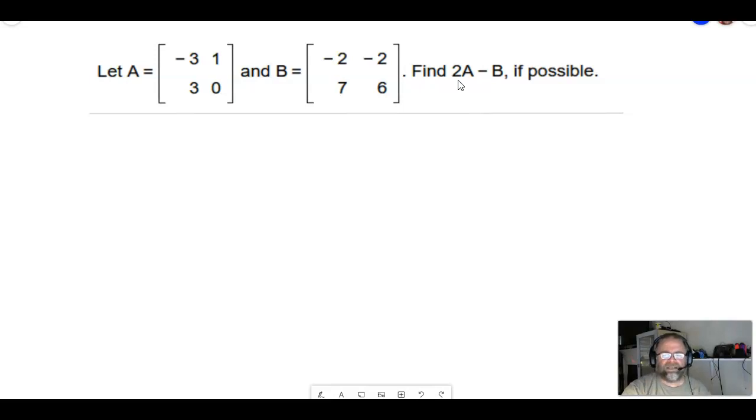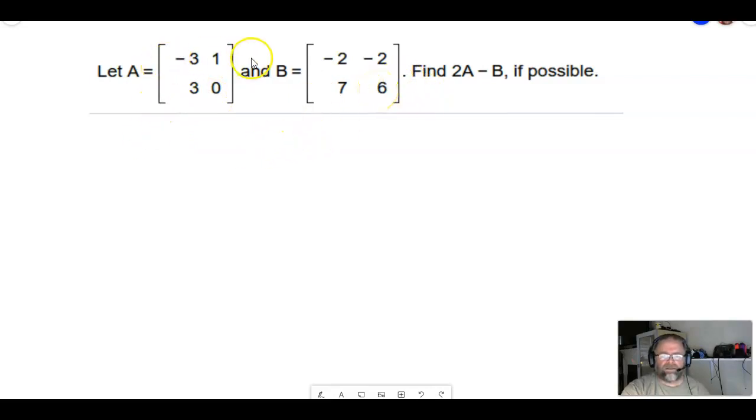The reason they put the if possible is because we have some rules about when we can add and subtract matrices. And the big rule with that is they have to be the same size. That means they both have to have the same number of rows and the same number of columns as each other. So this is a 2 by 2 and a 2 by 2, so we're good.